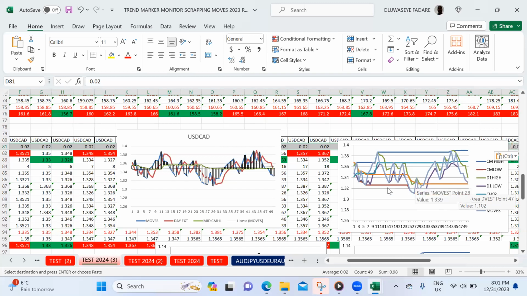But that does not mean that a buy position may not change to a sell position in the future. It depends, okay? But it helps us to identify, if you compare this with this as well, you can see when the market is coming downwards, that's when it's in white, when it's going up, in black.